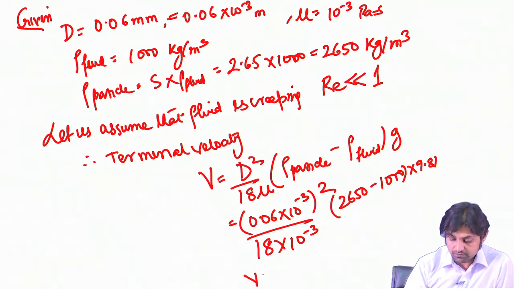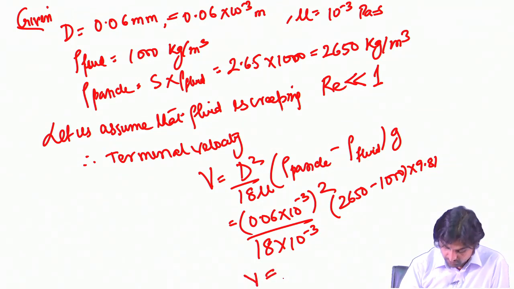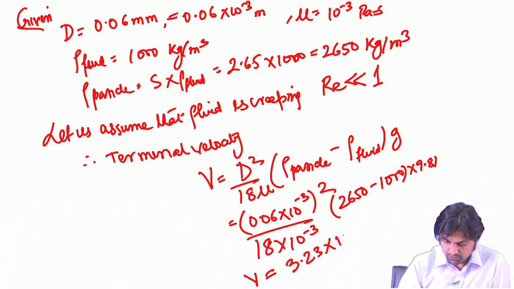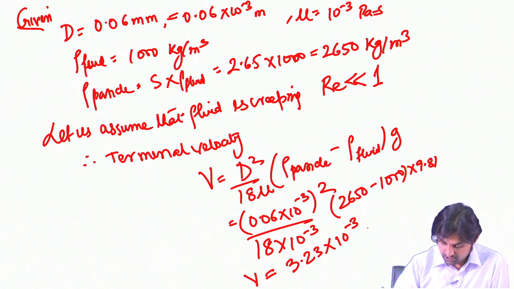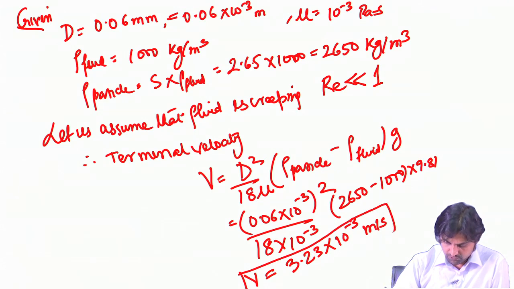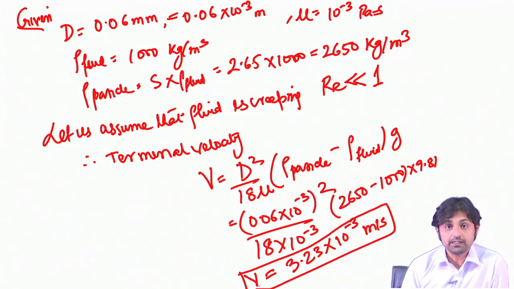This gives V equal to 3.23 into 10 to the power minus 3 meters per second. So this is an important value that we have got now, V.